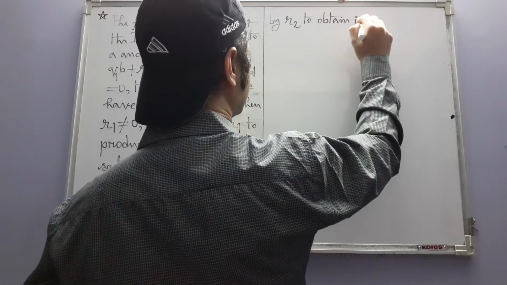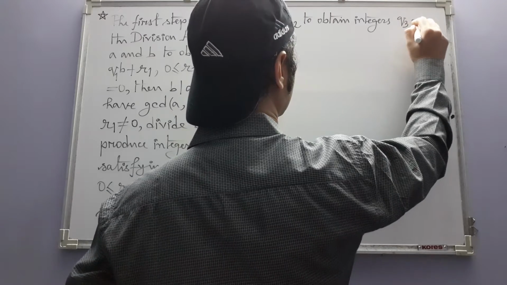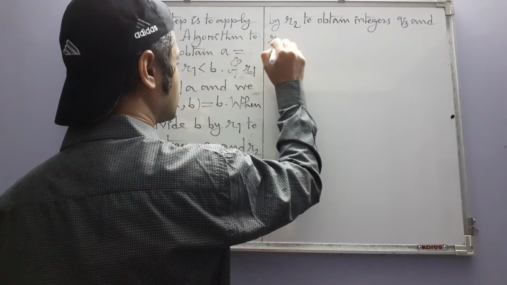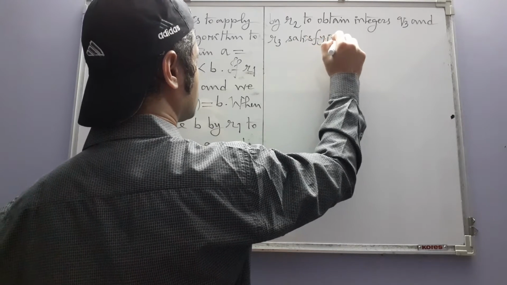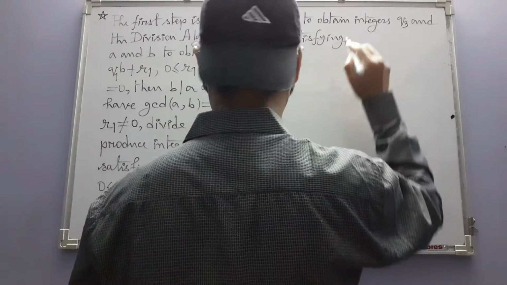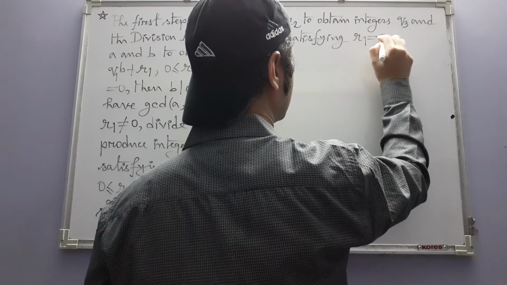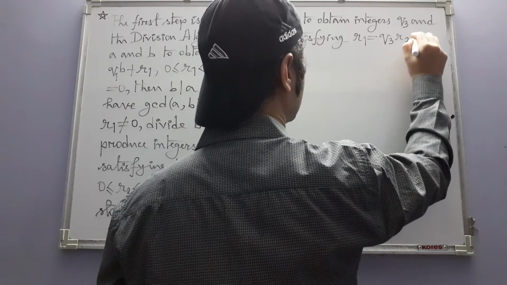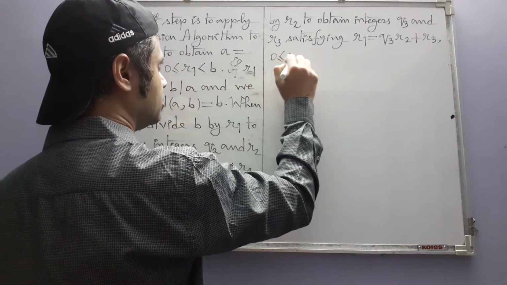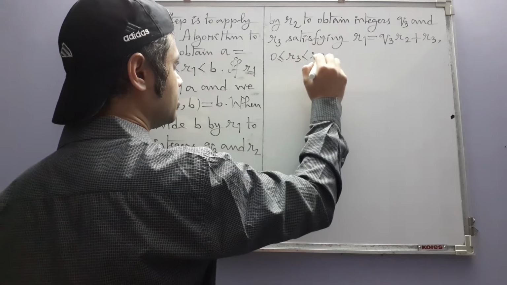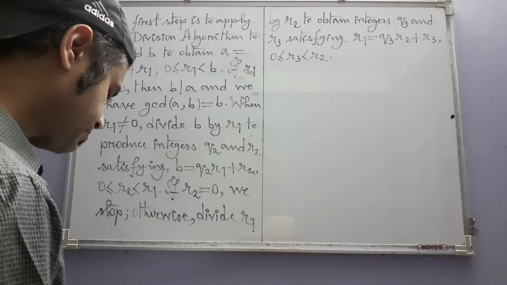To obtain integers q3 and r3 satisfying r1 = q3 r2 + r3, so we are dividing r1 by r2, where the current remainder r3 is non-negative and is less than r2, and the process goes on like this.